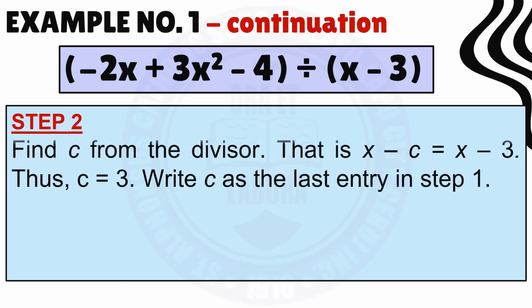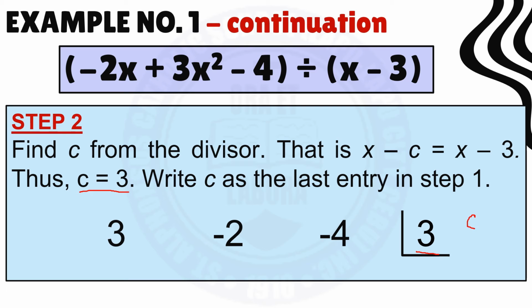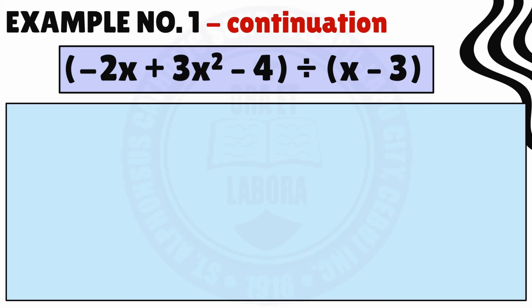Step 2. Find C from the divisor. So a while ago we have computed C, which is equal to 3. And this will be our last entry for step 1. So we have here 3. So 3 here indicates our C. Step 3.